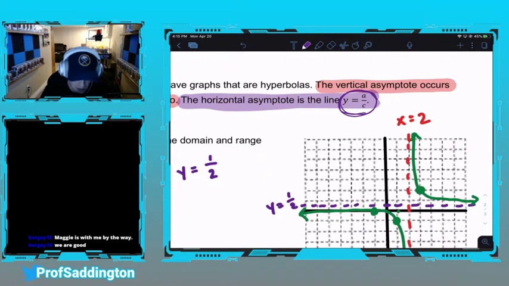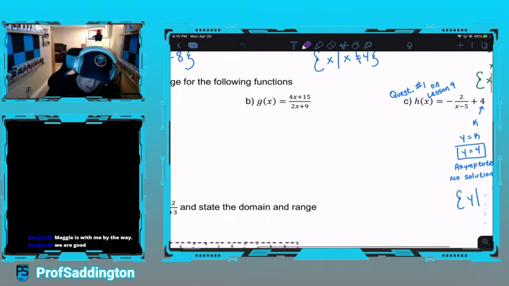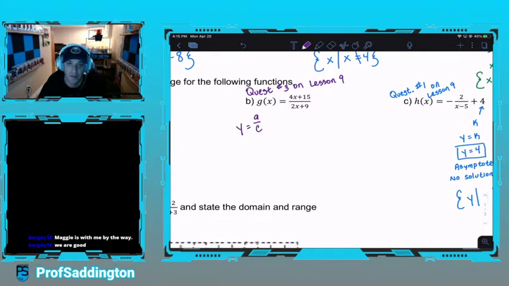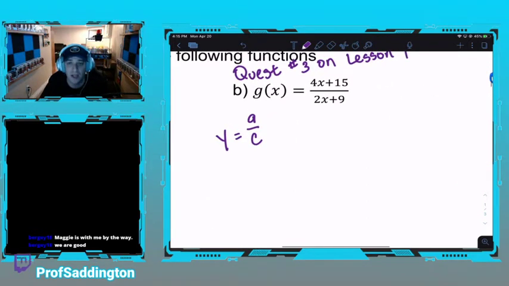Okay, so I'm going to go back to number 10. So this one is question number 3 on lesson 9. So our goal was to try to figure out the a over c. And if you look at this fraction, it's in the same exact form as question number 3 in the notes the other day.